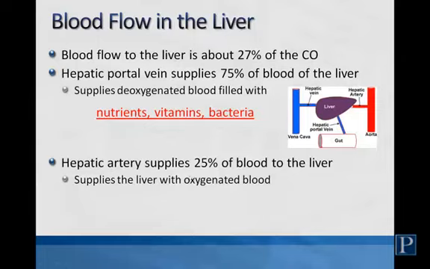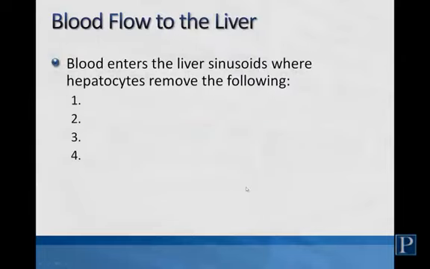Now when the blood enters those sinusoids, this is kind of a review, so you kind of saw it in the earlier slide. Now I just want to see if I can pull out some answers before we write them down. So blood is going to enter the liver sinusoids coming from the GI tract.